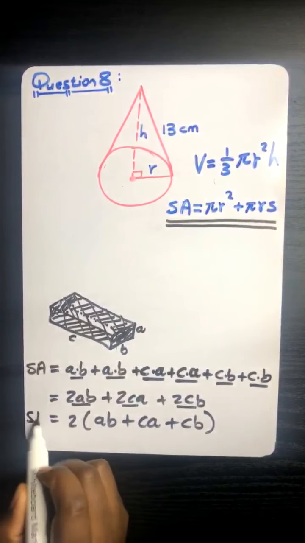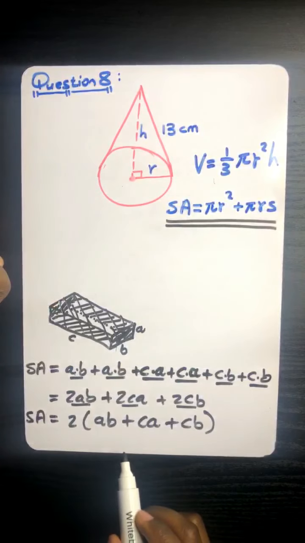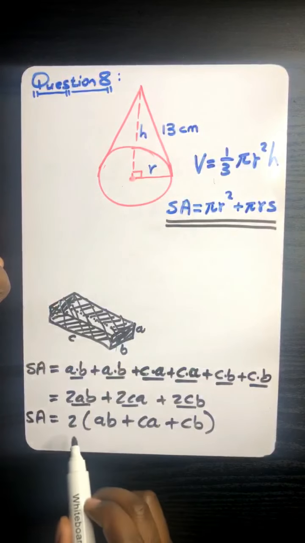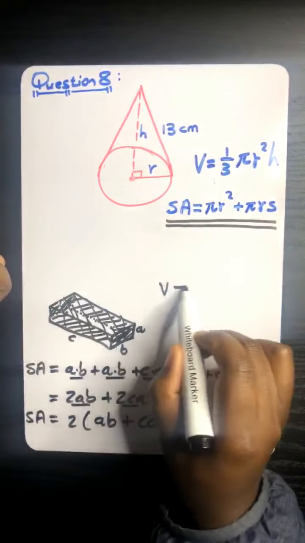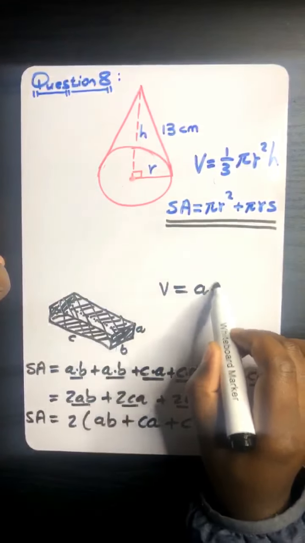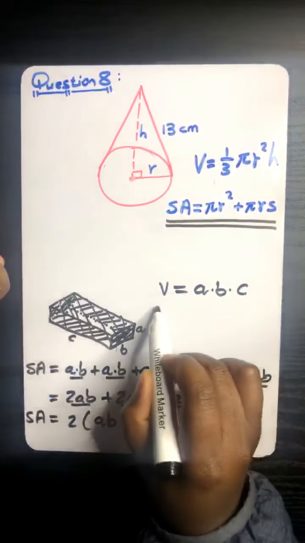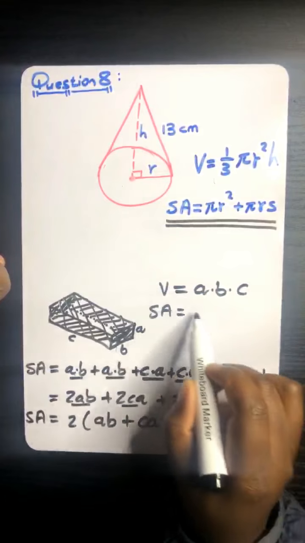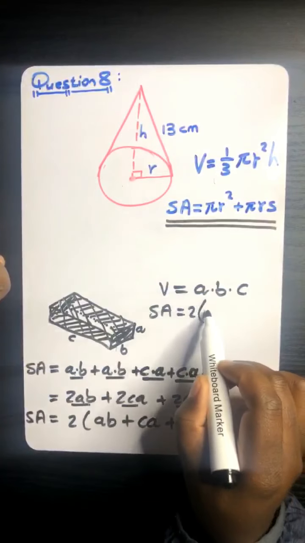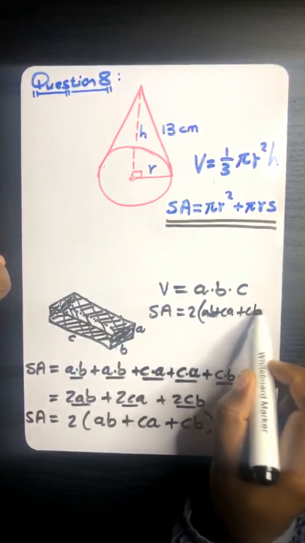So now the examiner is going to give you that shape and they will say the volume of that shape is equal to A times B times C. And again, they will say the surface area is equal to 2 of AB plus CA plus CB.